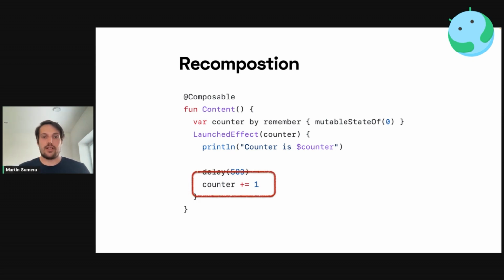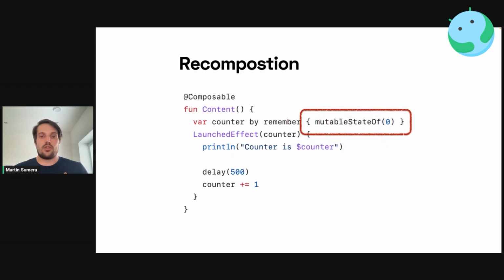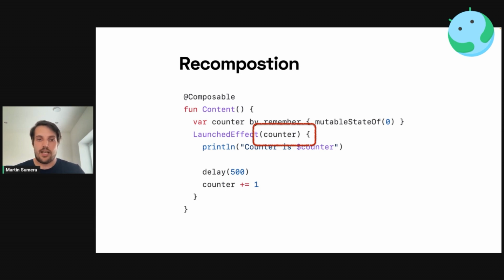We change the counter, then we change the state which notifies the snapshot system, and that will cause recomposition of components, in this case, LaunchedEffect, that are reading from this state. This allows us to use some kind of reactivity as we know it in the context of Compose. And this is a very powerful tool used by several libraries without even needing Compose nodes. We will take a look at this in a few slides.